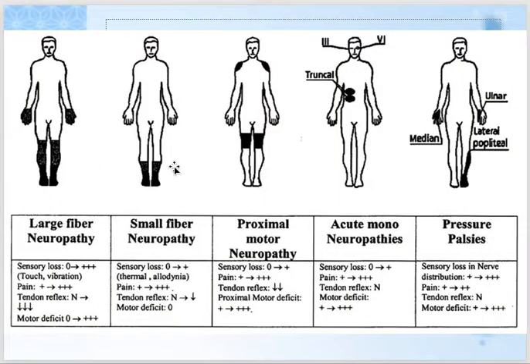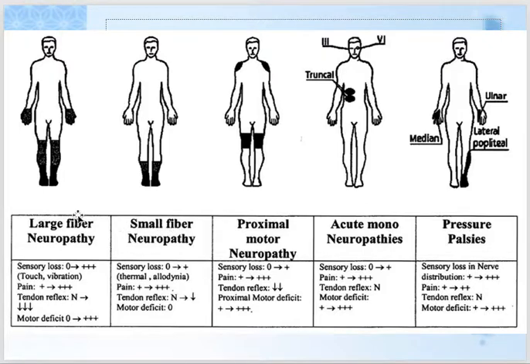So you can see over here, for example, there are large fibers and there are small fibers. Large fibers are those which carry the fast sensations, the touch, vibration, proprioception, and things like this. Small fibers are those which carry pain and temperature sensations.